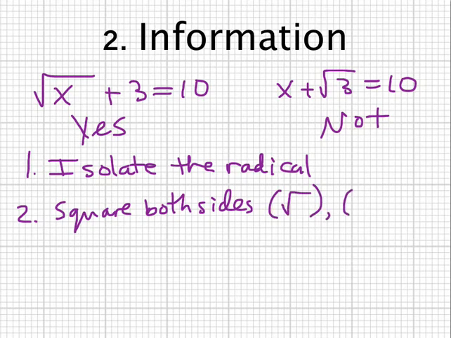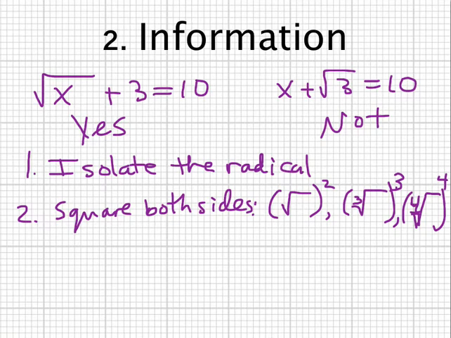If you have, let's say, a cube root, then you're going to raise everything to the third power. If you had a fourth root, you would raise everything to the fourth power. Okay?